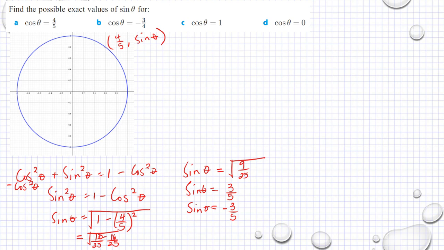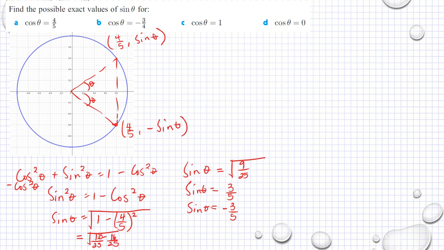It should be here. There you go. And it should be here. There you go. That's theta, and that's theta. There you go. 4/5, and we have negative sine theta there, which is negative 3/5.